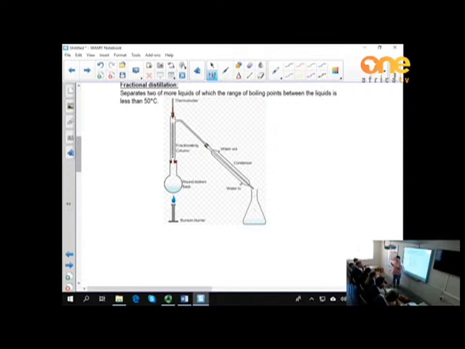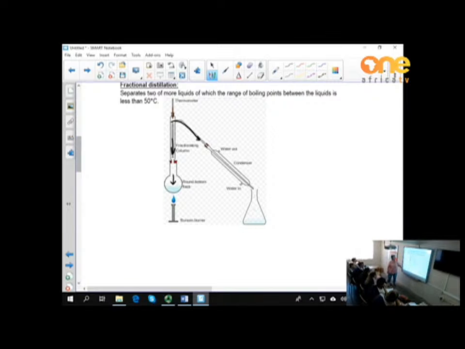But if there's a liquid at, let's say, 45 degrees, it's also going to rise up, but somewhere along the line it's going to condense and drip back into the flask. Only the one that vaporizes at 40 degrees will have its vapor able to enter the tube of the Liebig condenser. The liquid will be condensed and can be caught.